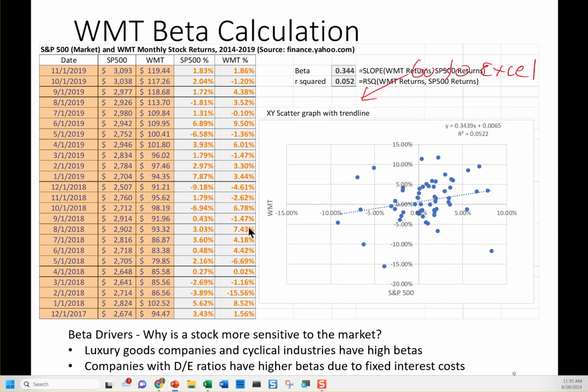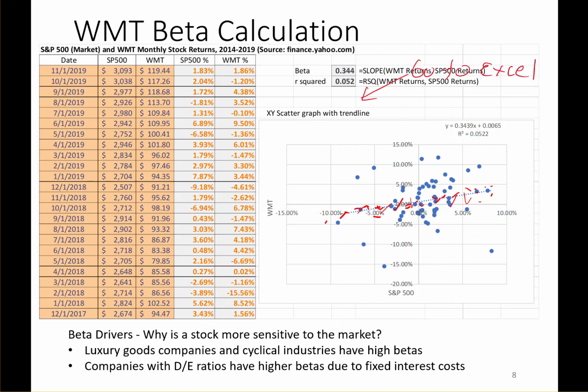If all those data points were really hugging this line, you'd get an R squared closer to 1, meaning 100% of the variance in Walmart's returns is explained by the S&P 500. But when it looks like this buckshot of returns, and the line just fits through there, it's saying that the S&P 500 is not explaining a large proportion of the variance of Walmart. So that's going to be a concern we'll talk about later.